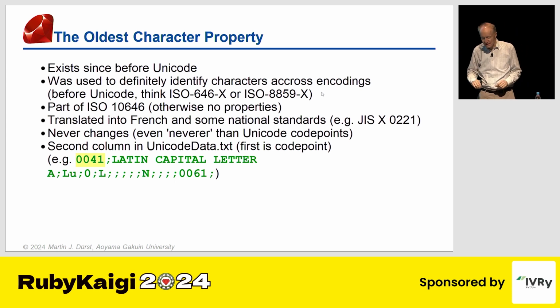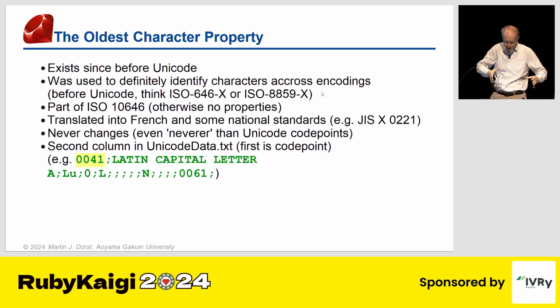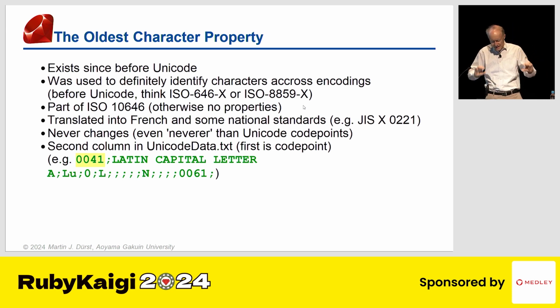Nowadays, Unicode and ISO 10646 are the center to identify a character. You know that Unicode and ISO 10646 were developed and are developed in parallel. Unicode has a lot of properties. ISO didn't really have properties. Now they have a few, but they always had the name.